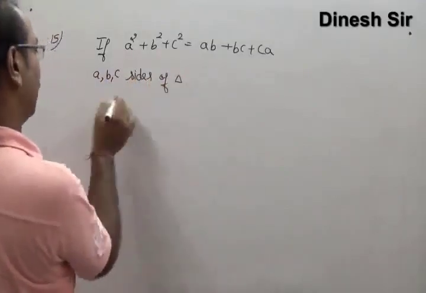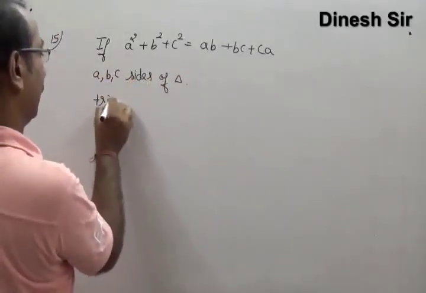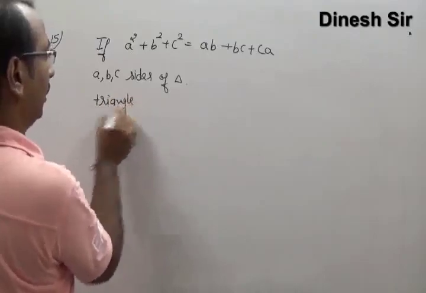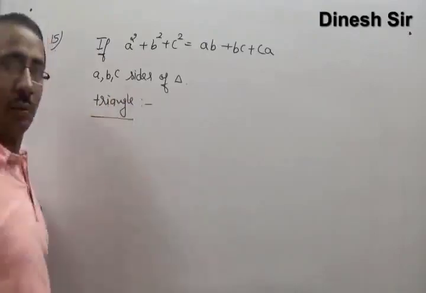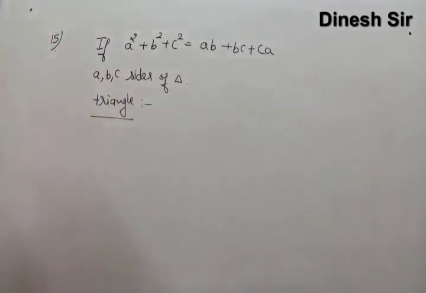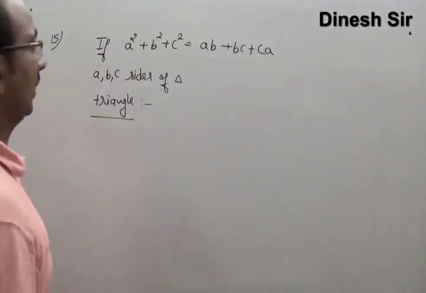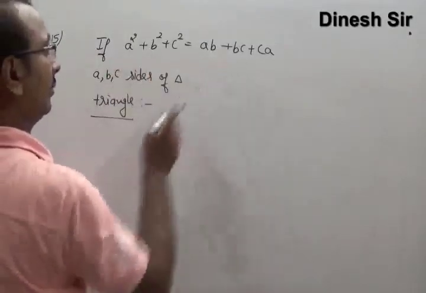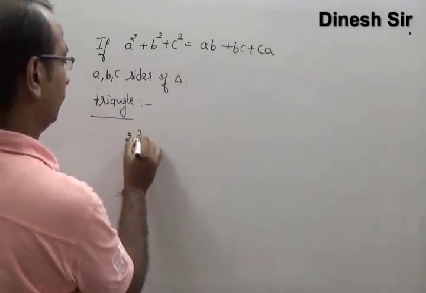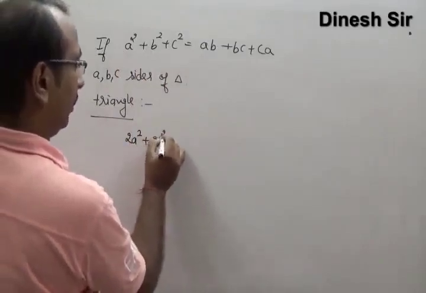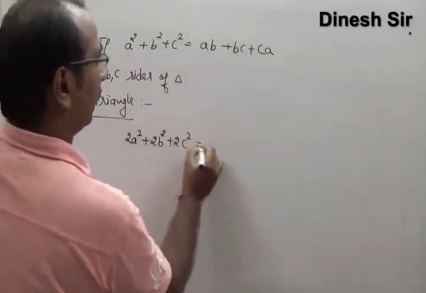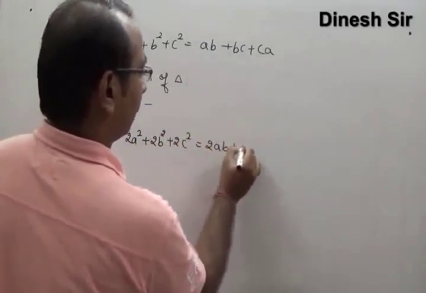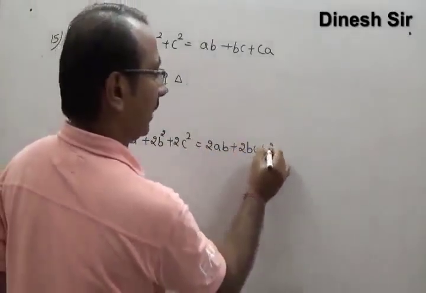We have to find out what type of triangle is being formed, whether it's an equilateral triangle, an isosceles triangle, or a right angle triangle. If I take twice of this, I get 2a square plus 2b square plus 2c square equals 2ab plus 2bc plus 2ca, right?